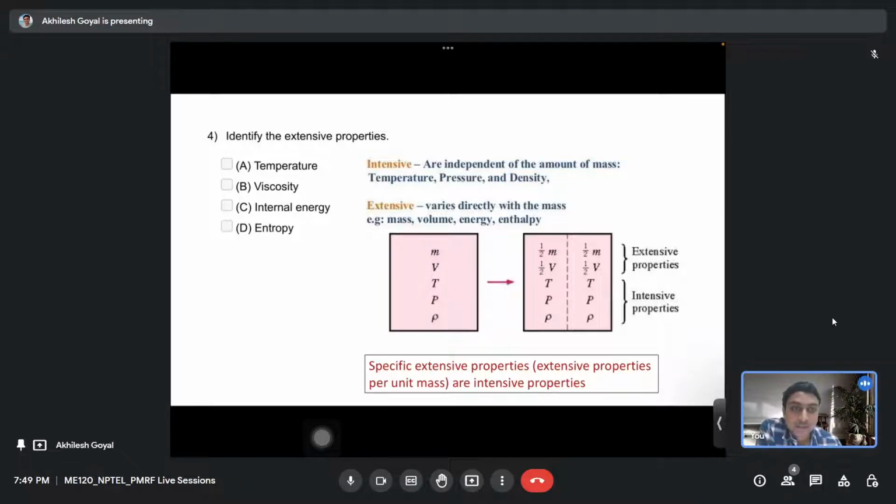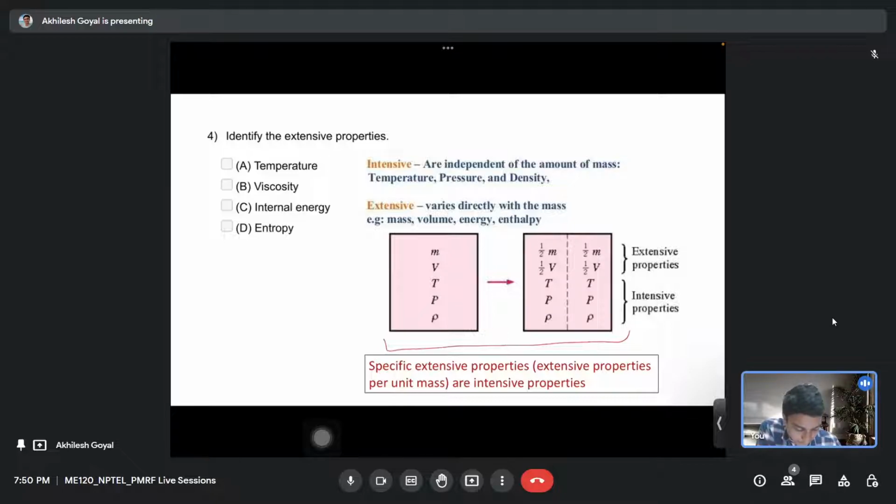So what properties depend on mass, and what does not? For that, here is a simple diagram. Consider a single volume, where we have mass m, volume v, temperature T, and density and pressure are rho and P. In a simple experiment, if we divide this whole volume into half, the mass also becomes half, but the temperature remains the same, the pressure remains the same, and the density remains the same.